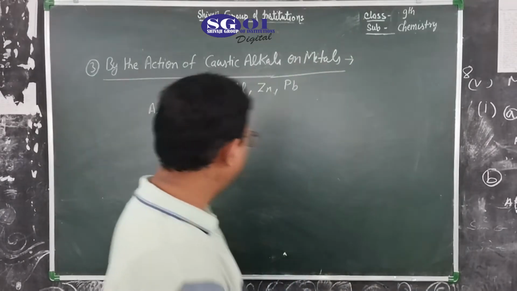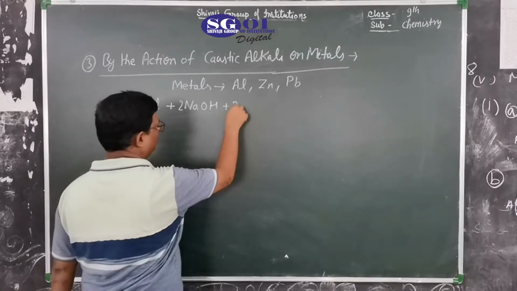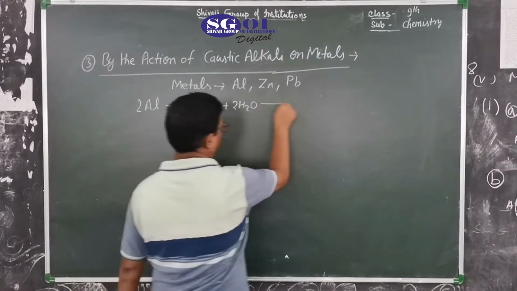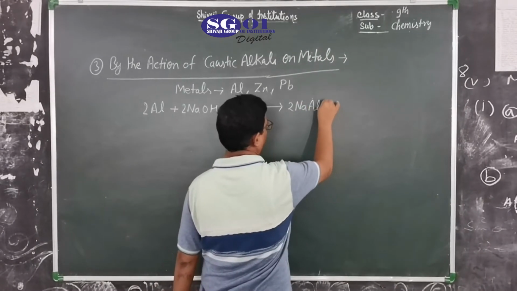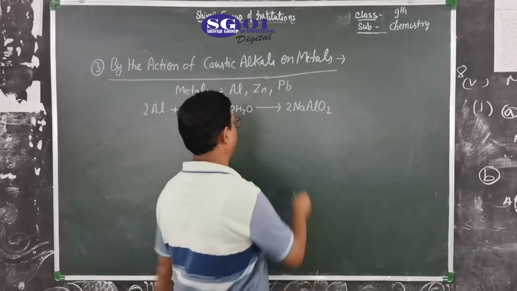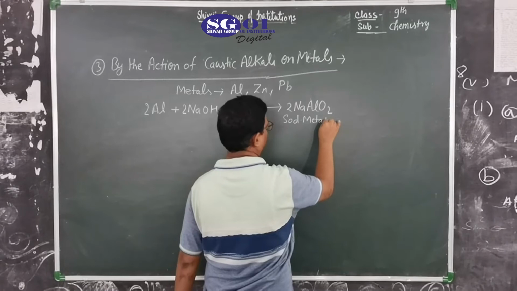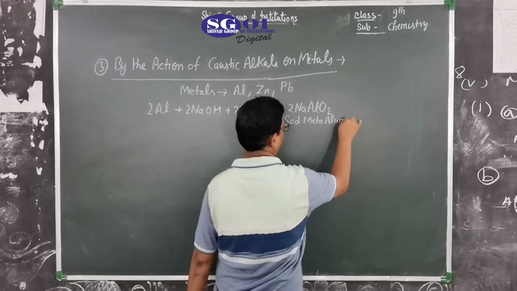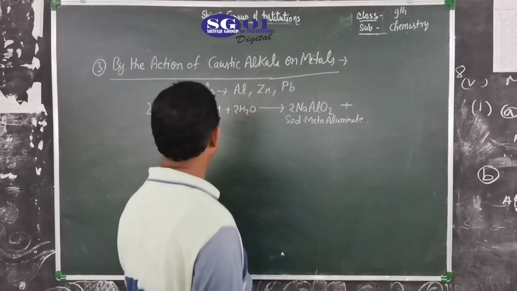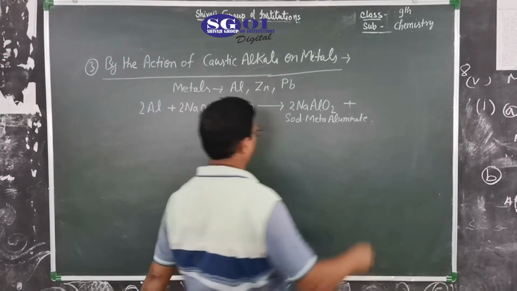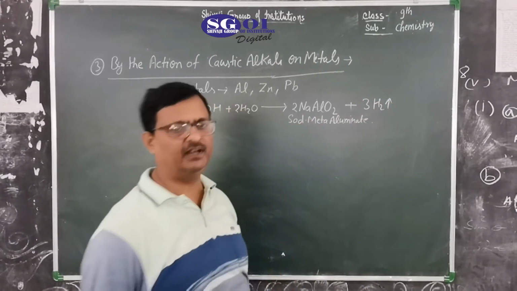So, 2 Al react with 2 NaOH and 2 moles of water to give 2 NaAlO2, sodium meta-aluminate, and the removal of hydrogen, 3 H2 gas.